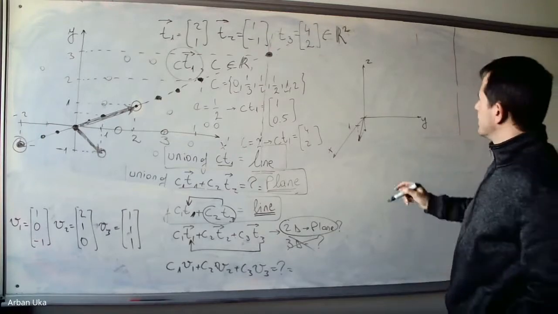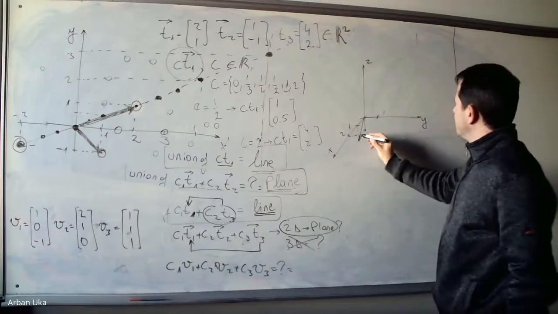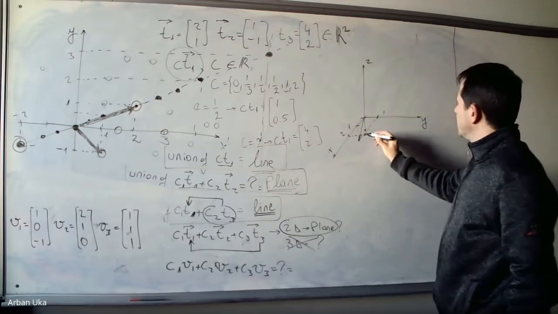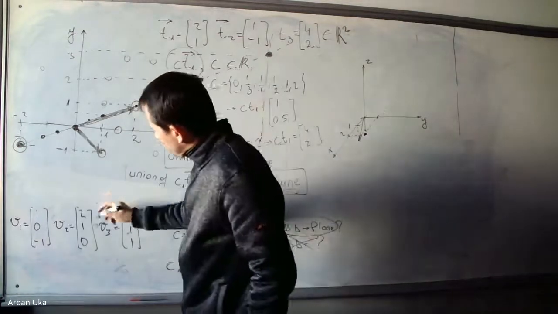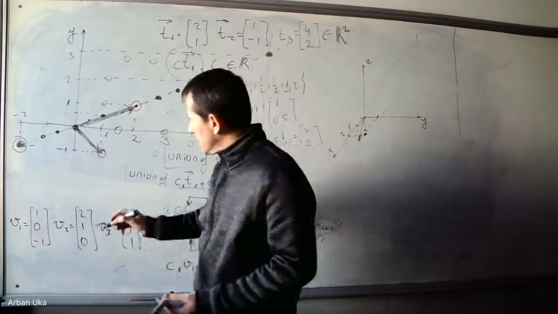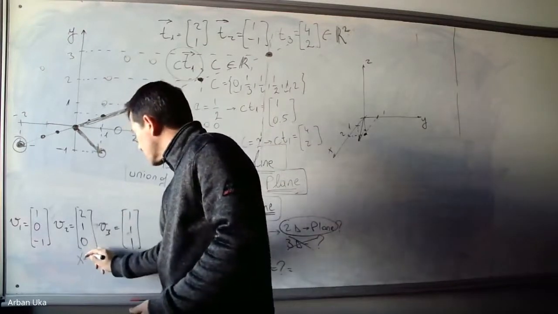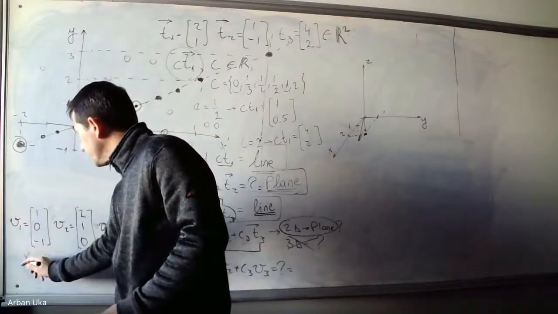V2 is (2, 1, 0), which means that we will remain somewhere on this xy plane. So in fact, if you look at this one, when z is 0, that means you are staying on the xy plane. Let me write this, xy plane. This one is the xz plane.